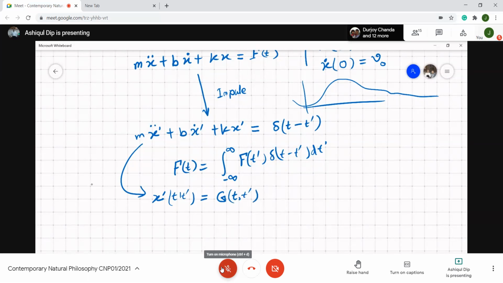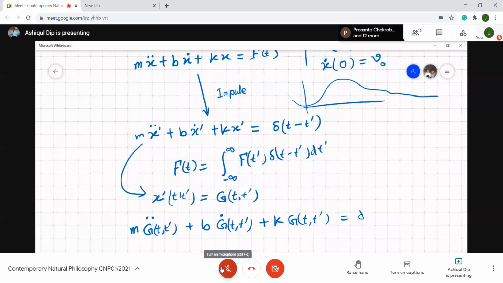Our g satisfies this differential equation: m g double dot plus b g dot plus k g equals delta of t minus t prime, right?